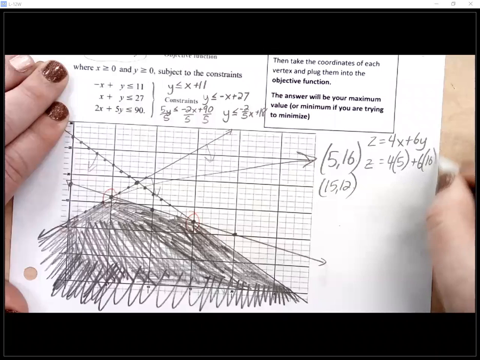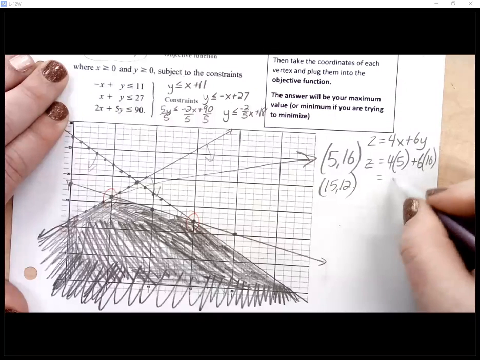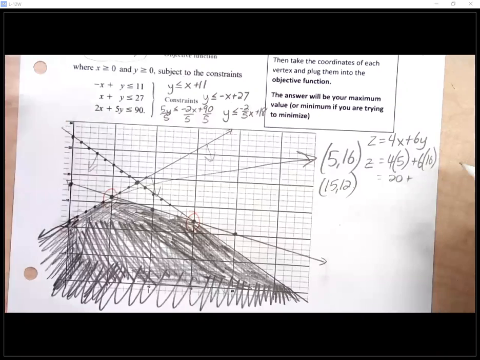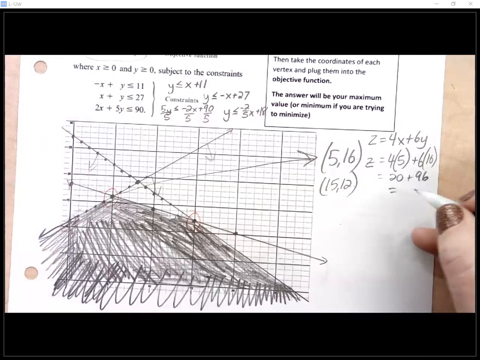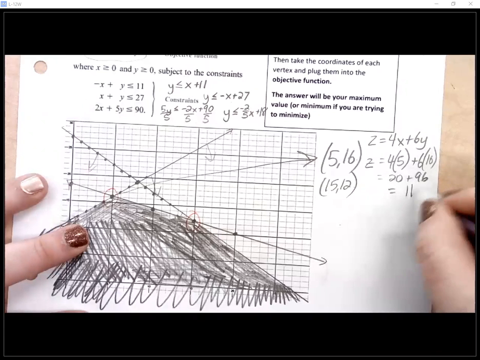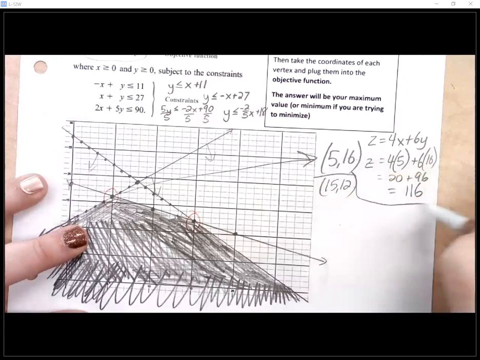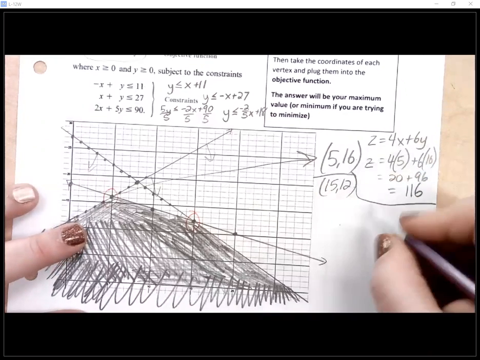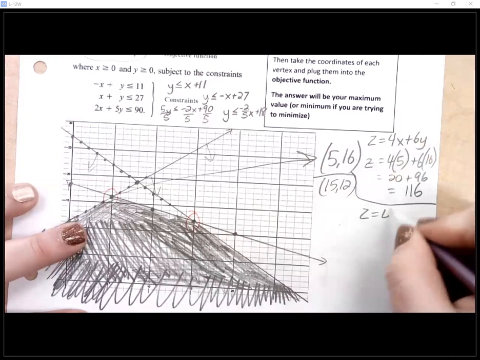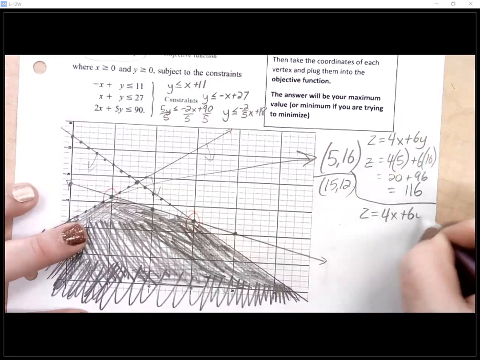So in this one, 4 times x, 4x is 5, 6 times y is 16. So this one gives me a value of 20 plus, what's 6 times 16? 96. So I get a total value of 116 from that one. Now I do the same thing, using the same z equals 4x plus 6y.